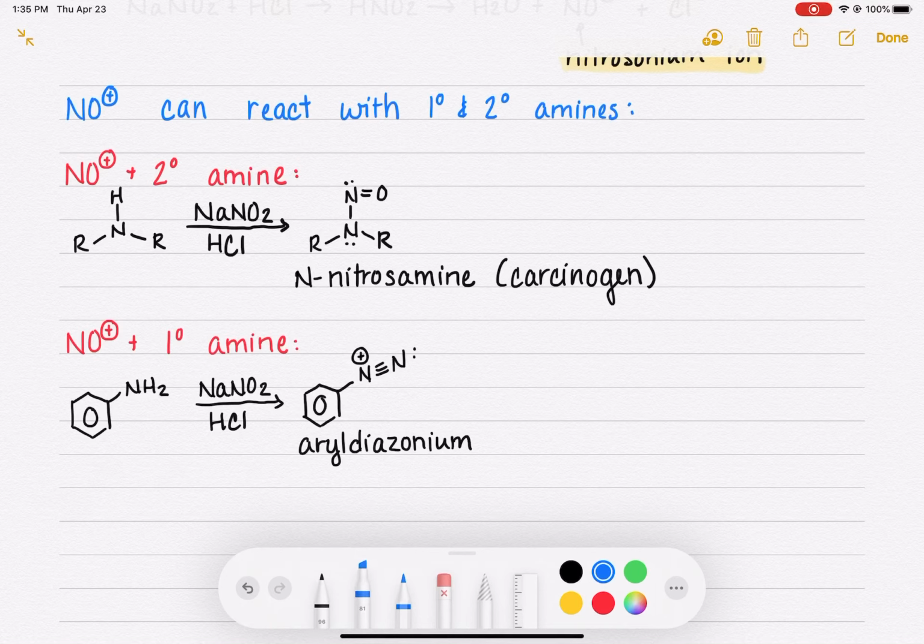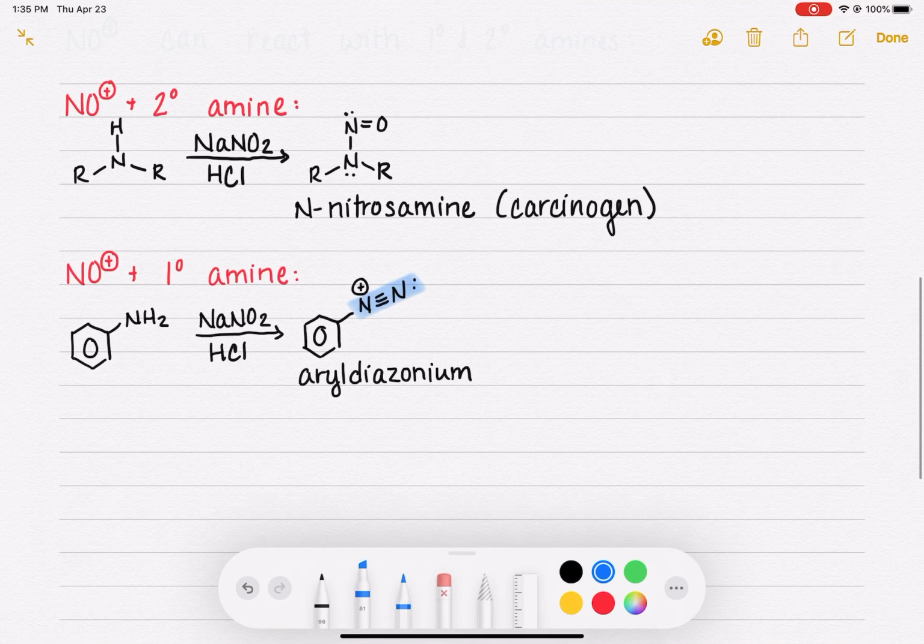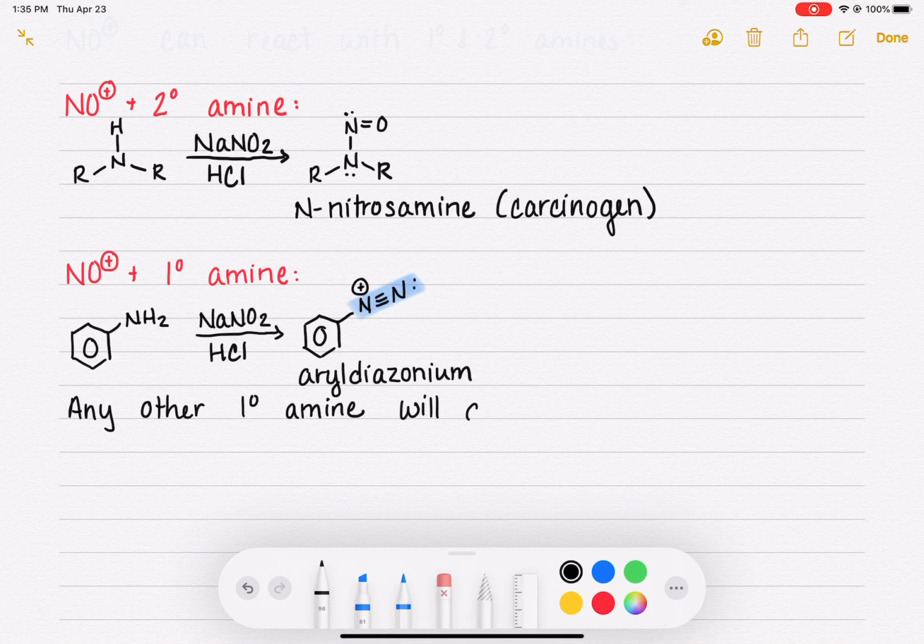Diazonium is this functional group right here. So it's just this N2 functional group attached to a benzene ring. For any other primary amine other than aniline, the diazonium that you form will decompose too quickly, and sometimes it decomposes very violently.